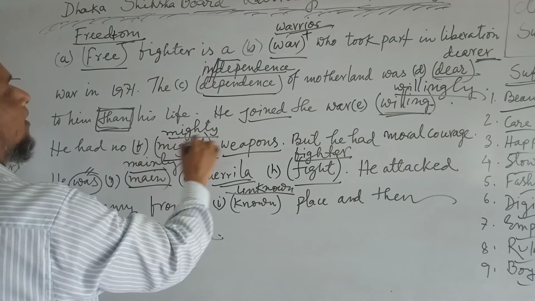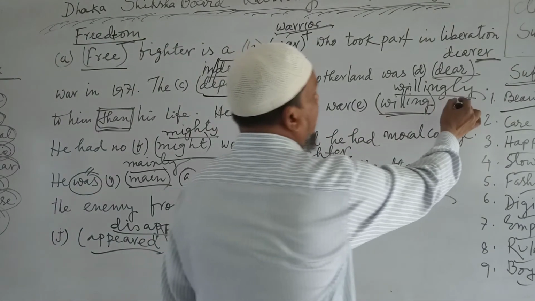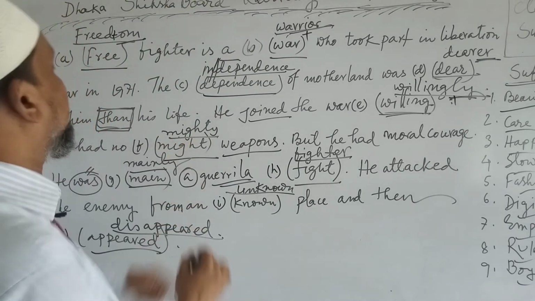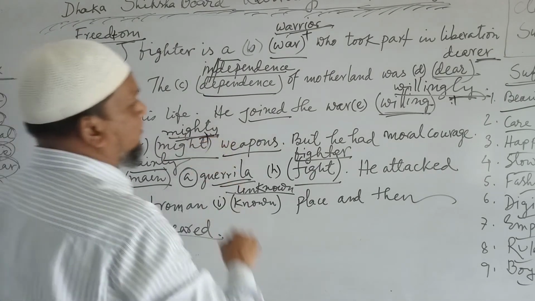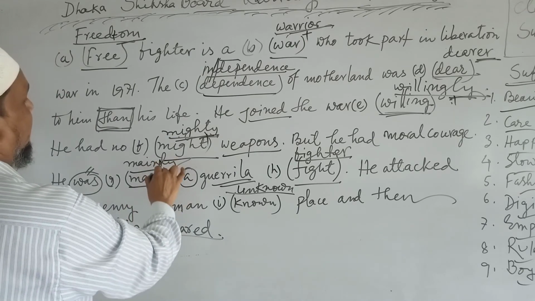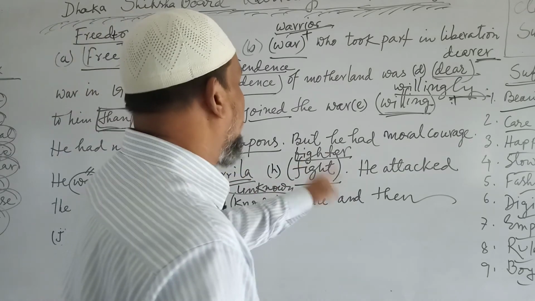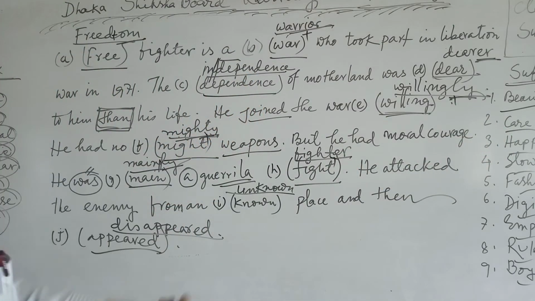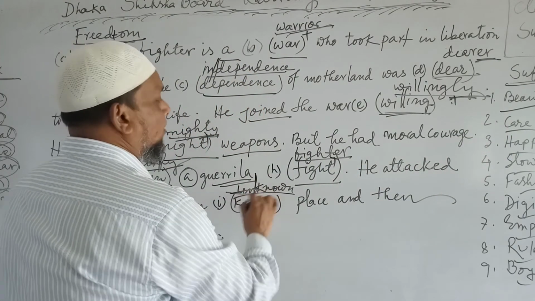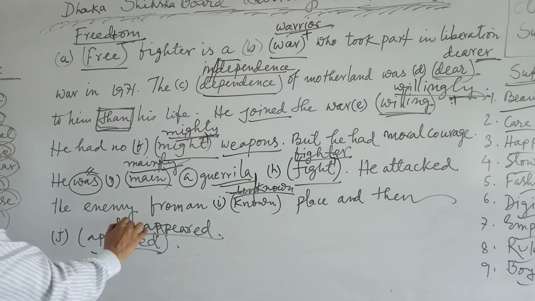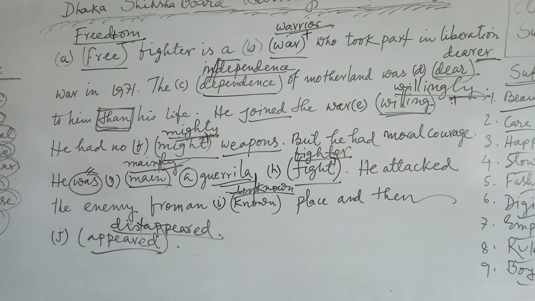Then the word willingly, after, so it is a suffix. Then mighty, after, it is a suffix. Then mainly, after, suffix. Fighter, after, suffix. Then unknown, before, so prefix. Then disappeared, before, it is a prefix.